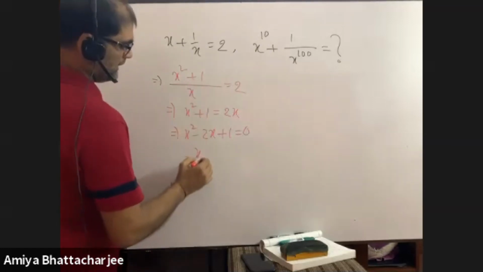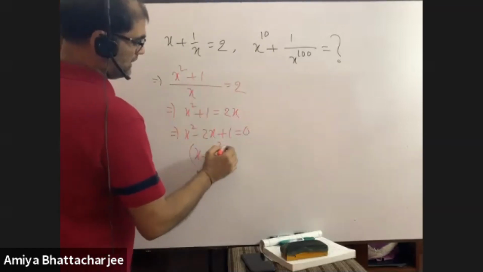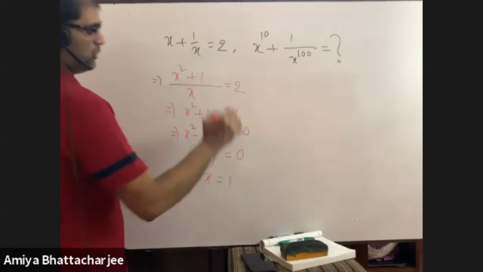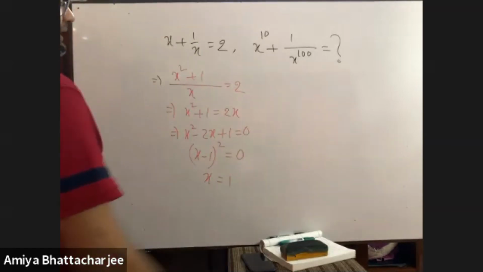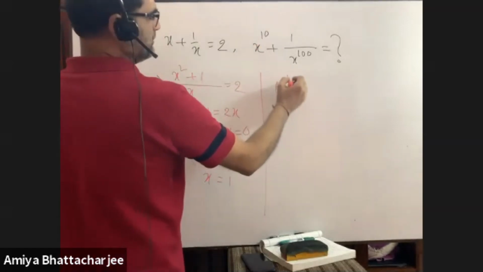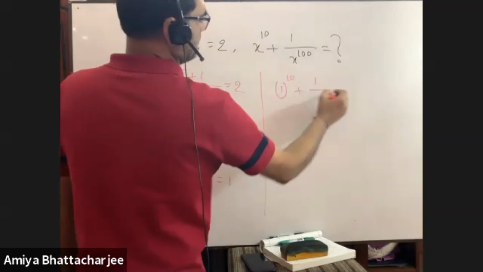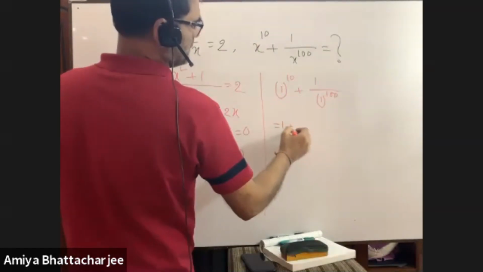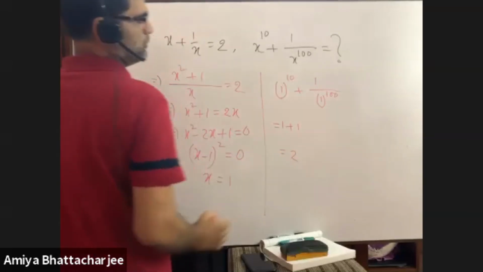Then we get x minus 1 whole square equals 0, and from here we get x equals 1. If x equals 1, then what the power is, is immaterial. 1 plus 1 equals 2.